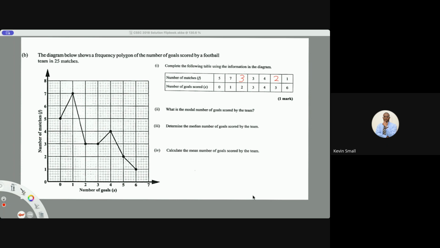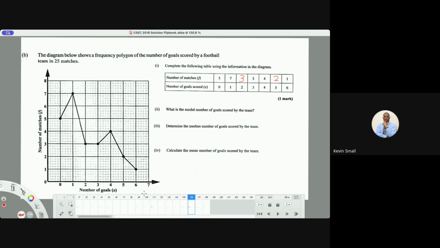I hear Vivian. Joseph, what about you? What is the model number of goals scored? Joseph says 2.